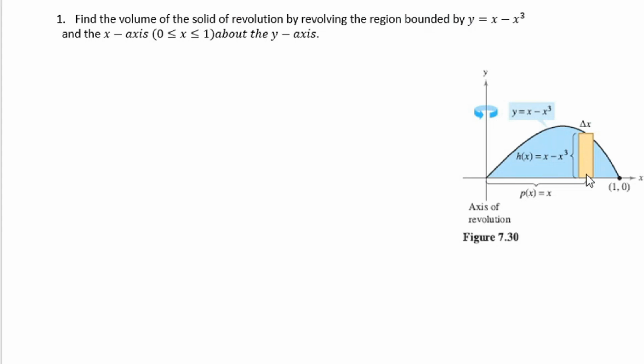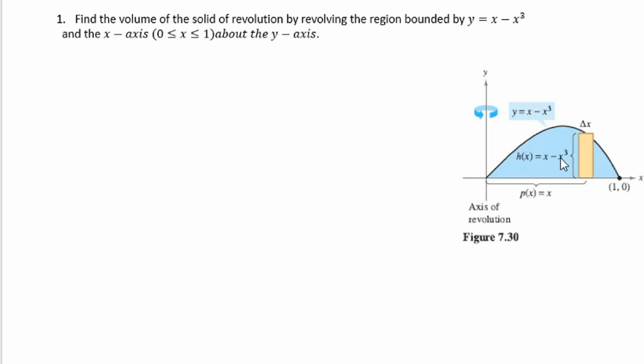As shown in figure 7.30, the width, delta x, indicates that x is the variable of integration. The distance from the center of the rectangle to the axis of revolution is p of x equals x, and the height of the rectangle is h of x equals x minus x cubed.